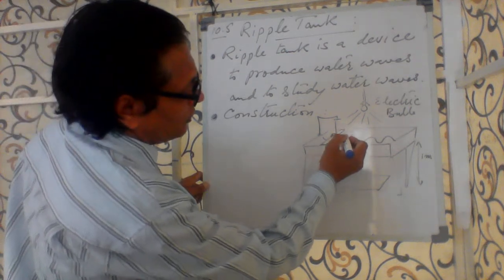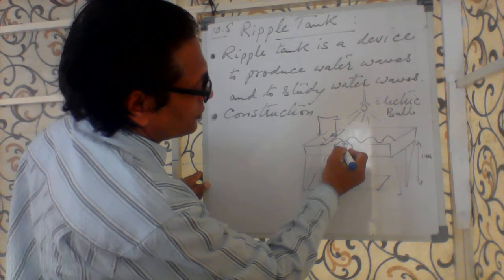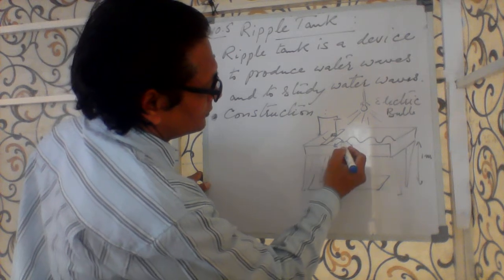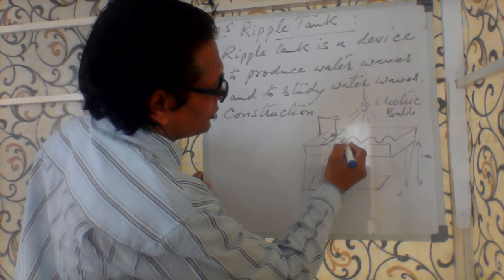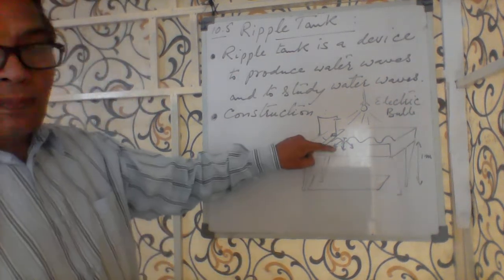Light comes here, falls on it, and the light is diverged. This is the trough, and light is diverged.